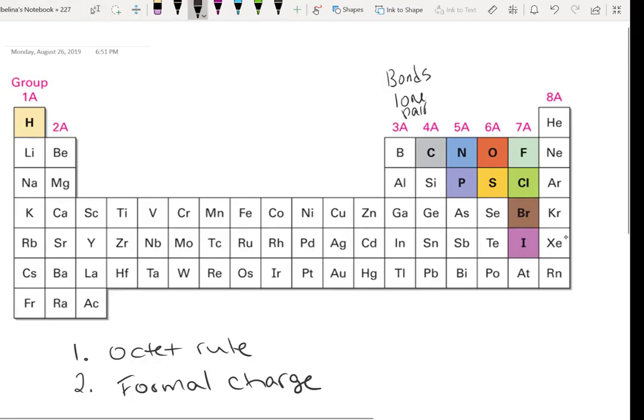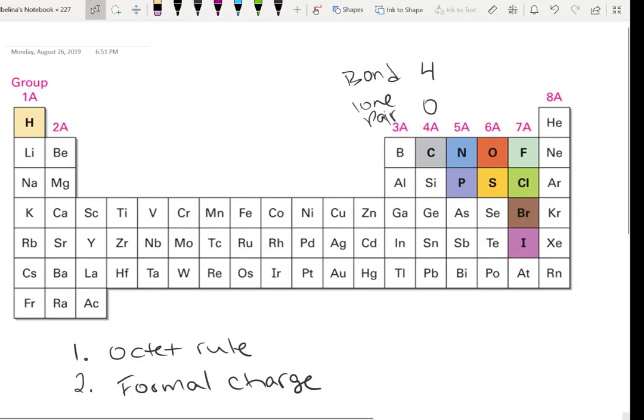Okay, actually let me move that over. Okay, so the group number for carbon is 4, right? The same as the valence electrons. Carbon wants to have 4 bonds, 0 lone pairs.